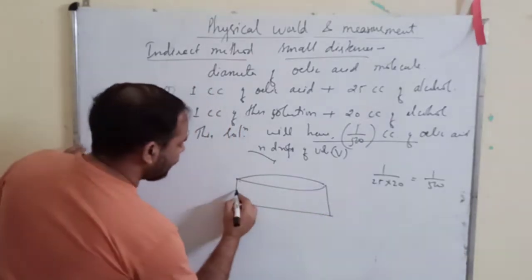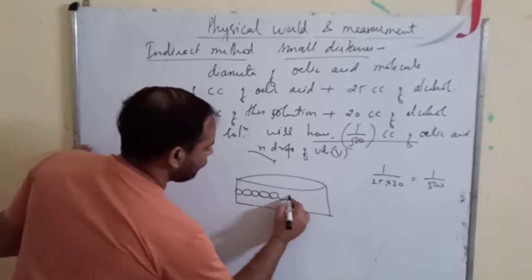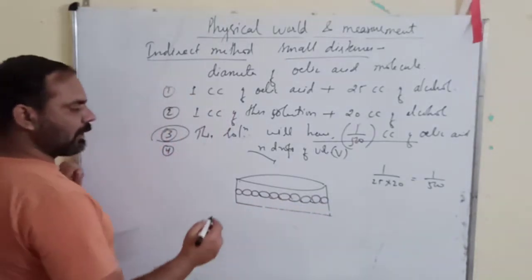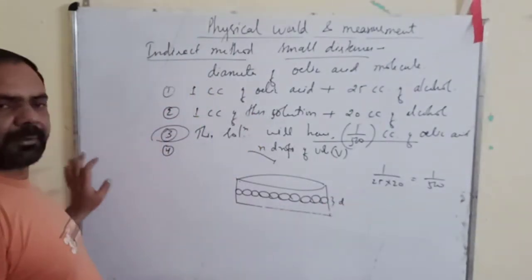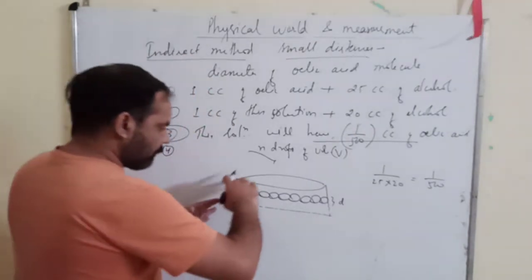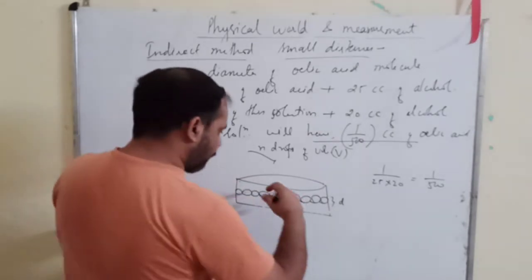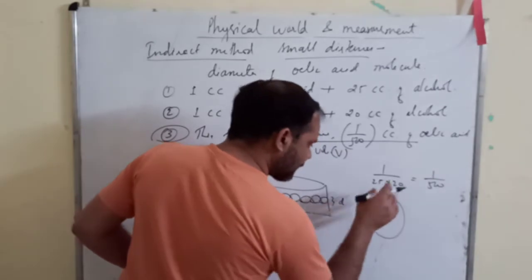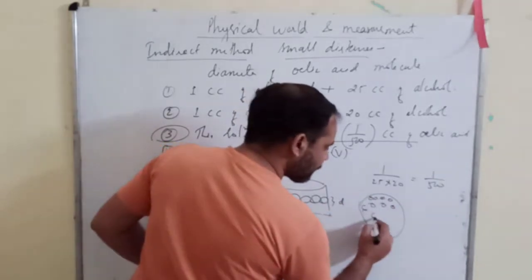It is like this, and we have a single layer of oleic acid on the surface. Now let us suppose that the diameter of an oleic acid molecule is D. When you look at the vessel from the top, you see a layer of oleic acid all over the surface.